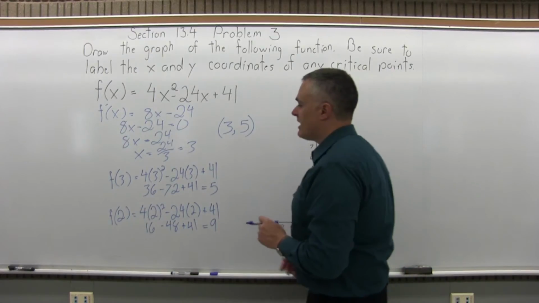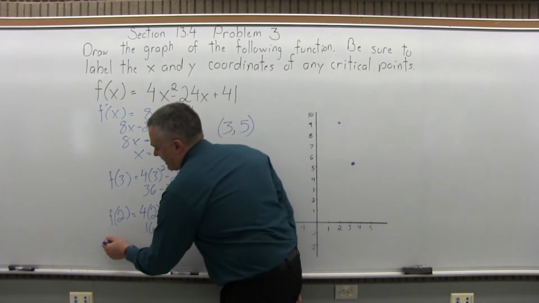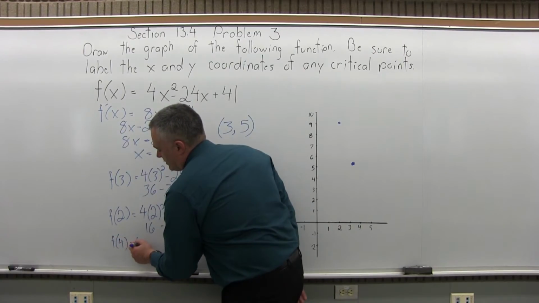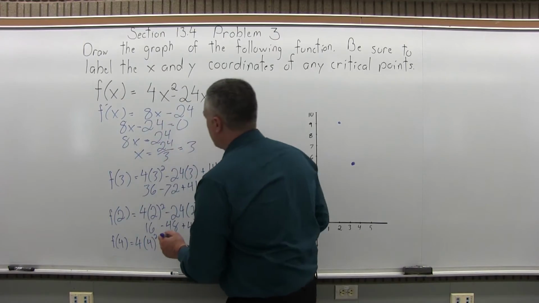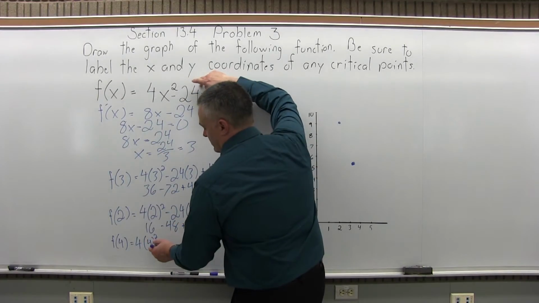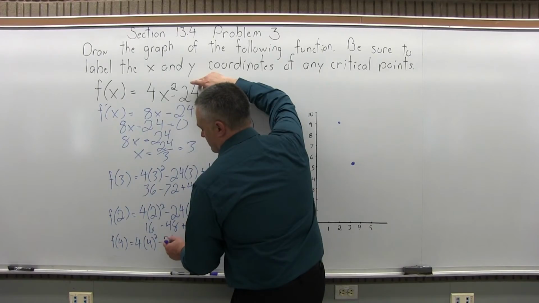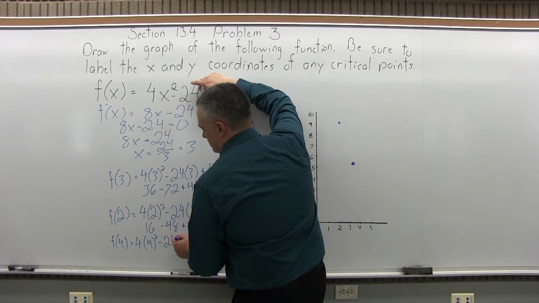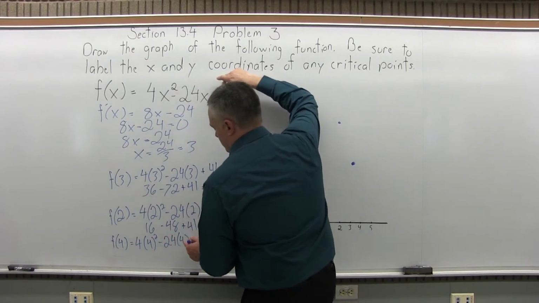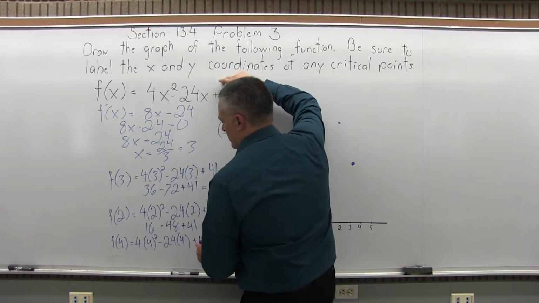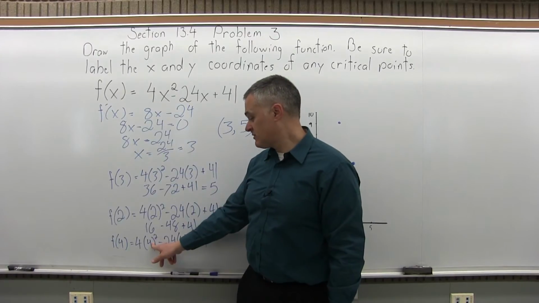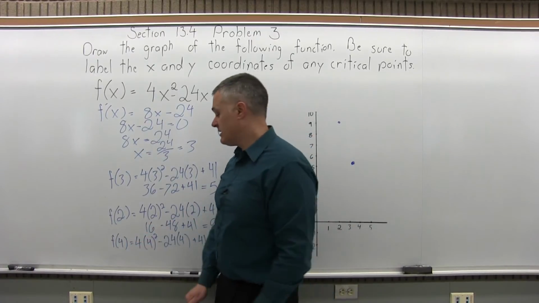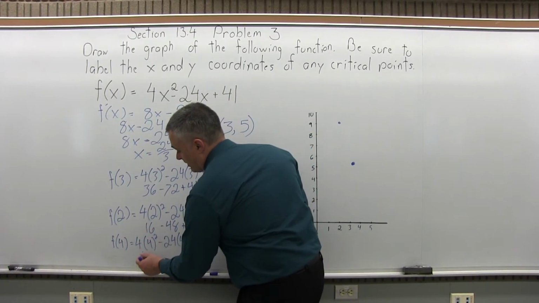So let's see the height when I put in a 4 for x. f of 4 equals 4 times x squared will be 4 times 4 squared. Then minus 24 times x will be 24 times 4. And then plus 41. So now 4 squared is 16. 4 times 4 is 16 times the 4 in front. 16 times 4 is 64.